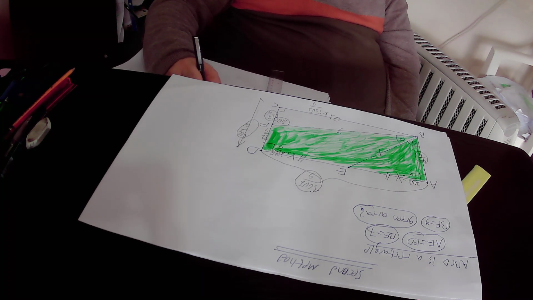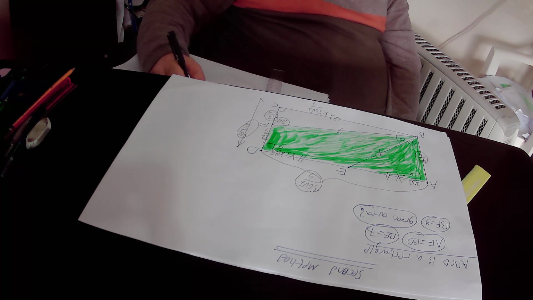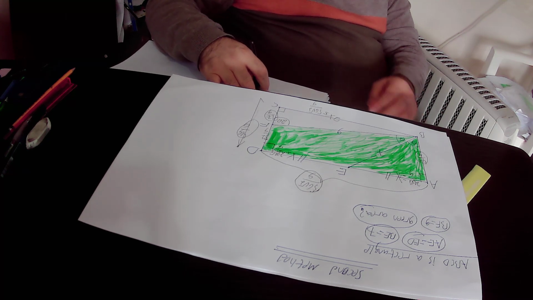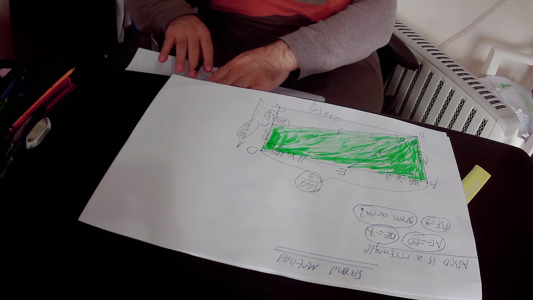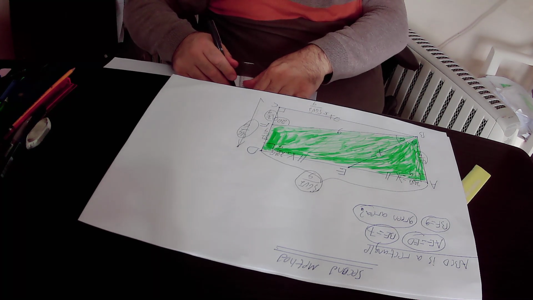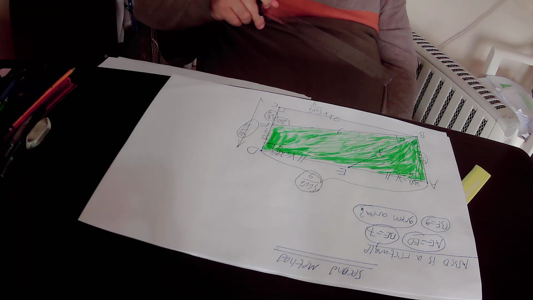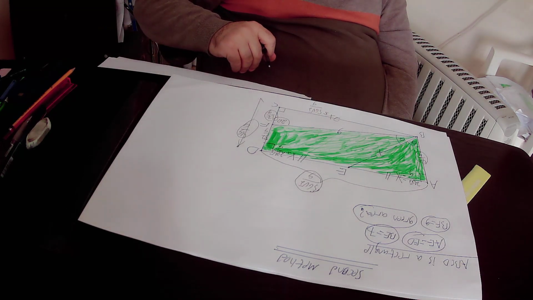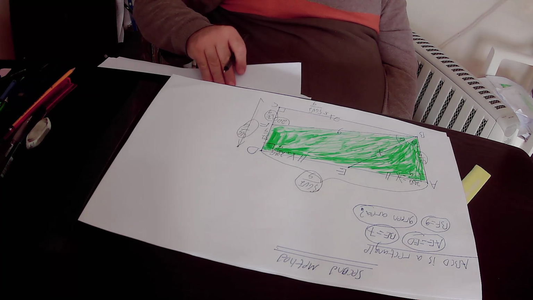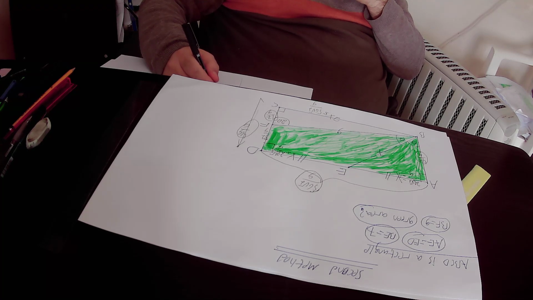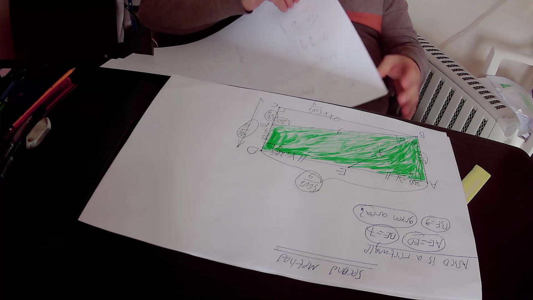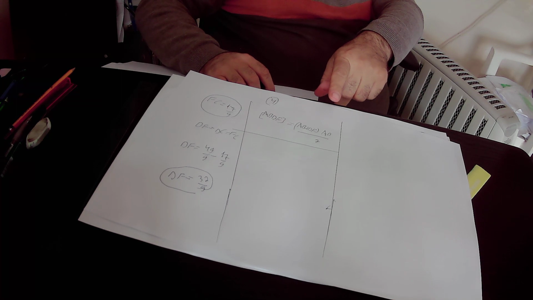The area of trapezoid ABDF will be equal to AB plus DF times the height AD over 2.